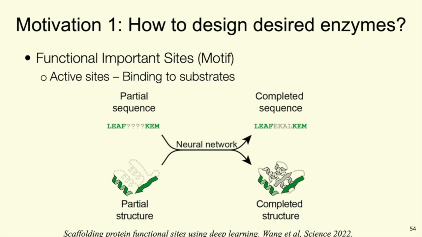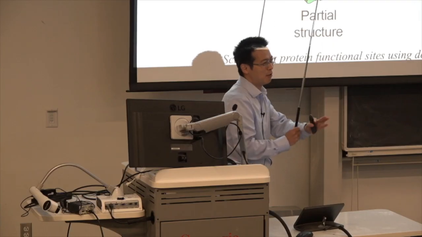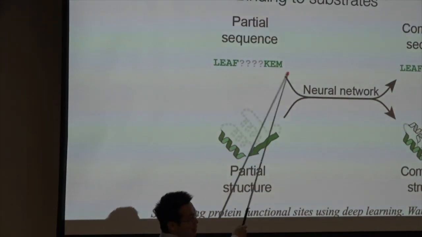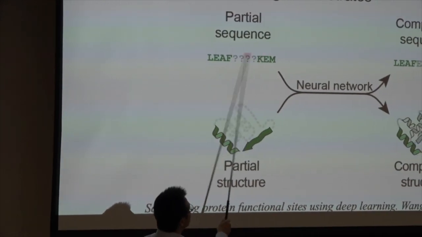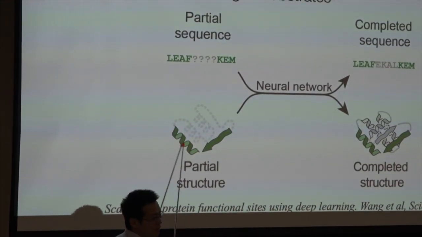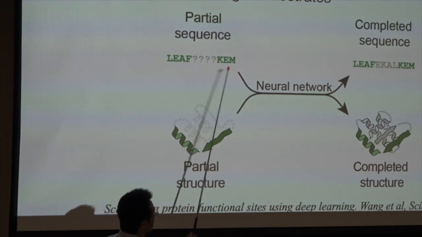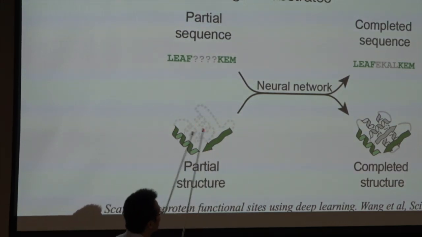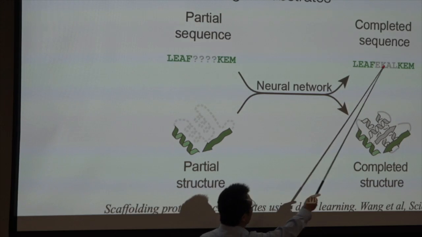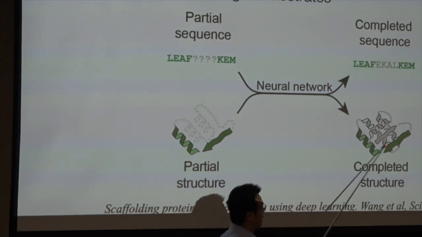The first one is motivated by a prior work called inpainting. The idea is very familiar to us NLP people, actually. They take a partial sequence as an input. So we have some partial sequence here, and we also get the structure of those partial sequences, the 3D coordinates. Once we have that, we use this neural network to fill in the blanks on the sequence and in the structure.